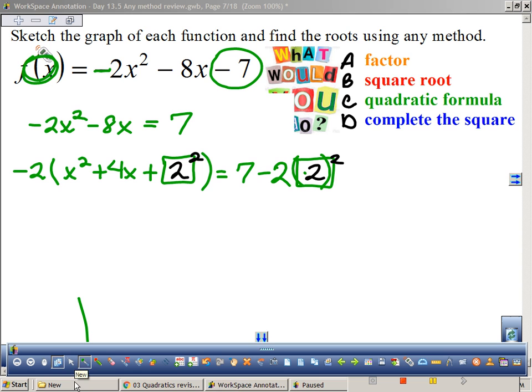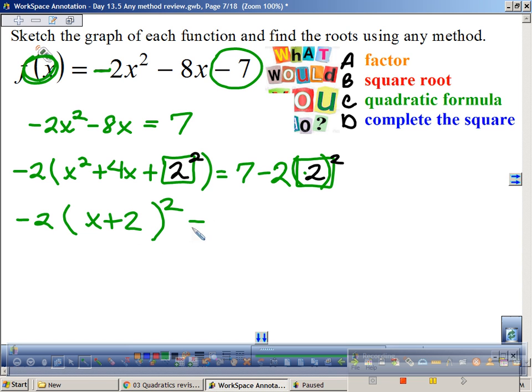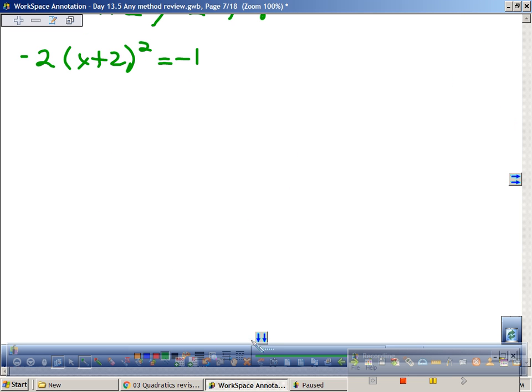All right, so now I have negative 2 times x plus 2 squared equals 7 minus 8, which is negative 2 times x plus 2 squared equals negative 1. But then when I divide both sides by negative 2, I'm going to get x plus 2 squared equals 1/2.